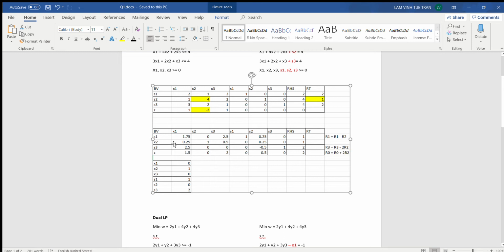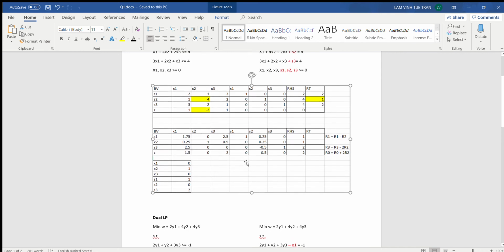So I know I have finished solving this linear program because all the coefficients in row 0 are greater than or equal to 0.